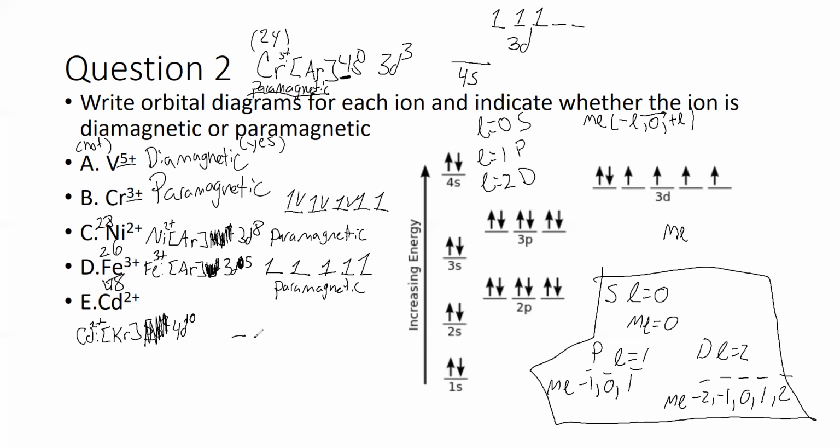We write out our d orbital. We have 5 dashes, so this is 4d. And then it's 10. 1, 2, 3, 4, 5, 6, 7, 8, 9, 10. Everything's paired up, so that is not magnetic. So that is diamagnetic. All right, so that's how you can determine, based on orbital diagrams, whether something is magnetic or not.